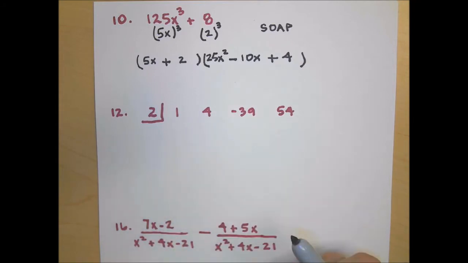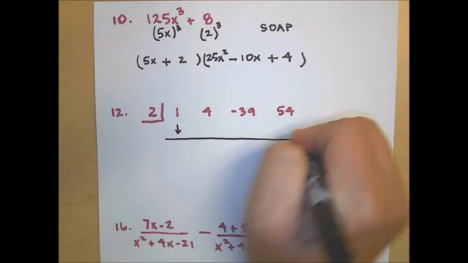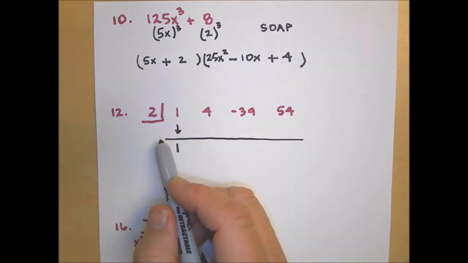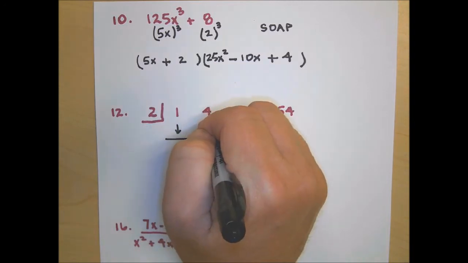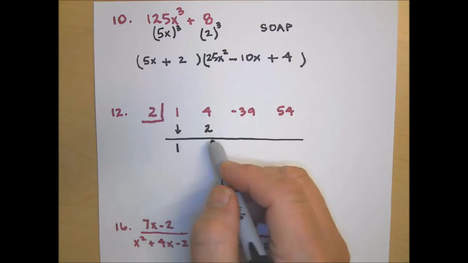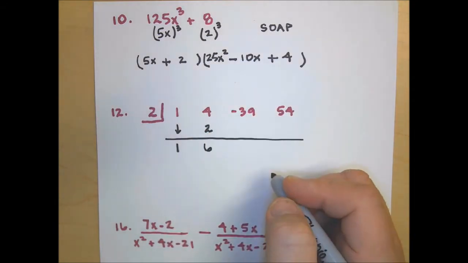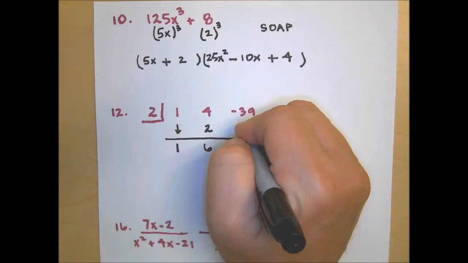Synthetic division starts off with you just rewriting that first leading coefficient, which would be 1. Then 2 times 1 is 2, and then you combine like terms: 4 plus 2 is 6. 2 times 6 is 12.